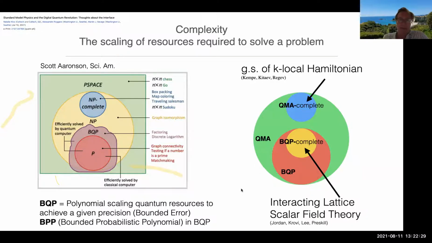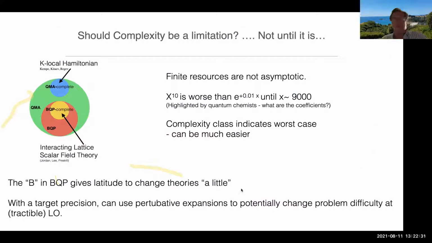So this is in a different complexity class than solving interacting lattice scalar field theory. Now the question is what does this mean for us? Should complexity be a limitation? Our current thinking is not until it is. We've made remarkable progress in using high performance, classical computation to address problems, even though we didn't really consider or worry about the complexity class they sat in.